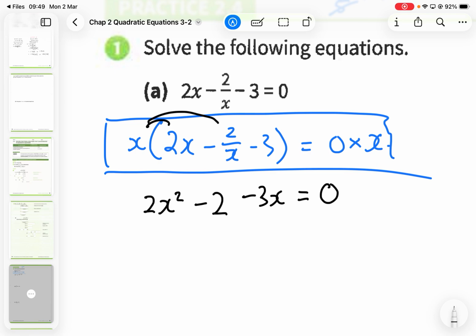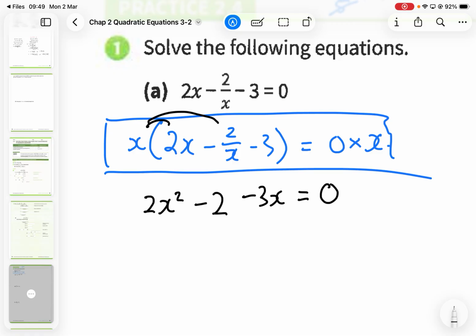So in our actual working, we don't need to write this blue color line. But I want you to know why 2x becomes 2x squared, why minus 2 over x becomes minus 2, why minus 3 becomes minus 3x. It is because I multiply x to the left, I multiply x to the right.